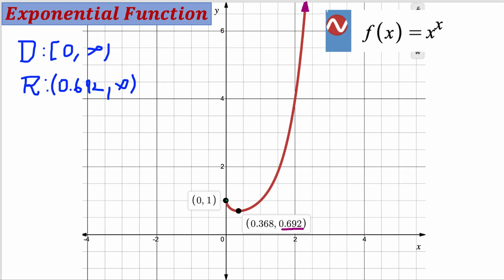But what is most important here is that this function does not have a horizontal or vertical asymptote. We have just the graph as it is drawn in this figure, and the end behavior of the function is that as x goes to infinity, f of x goes to positive infinity.